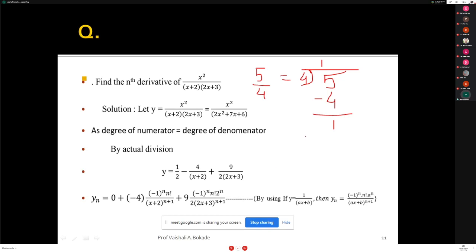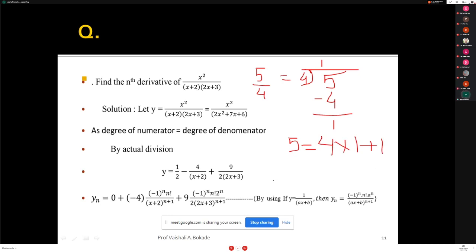So what I can write, just see what I want to tell you from this example. I am writing the value for the dividend: 5 is equal to divisor into quotient, 4 into 1, plus remainder.